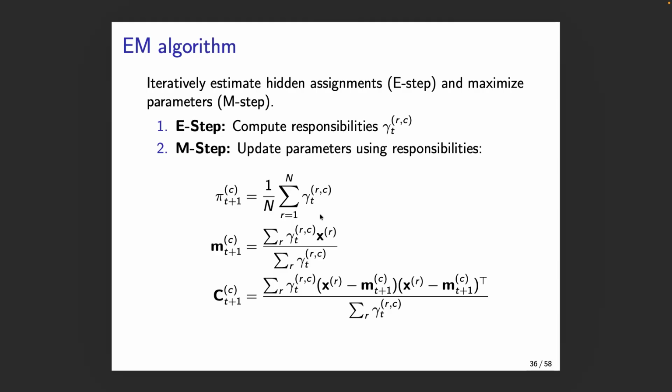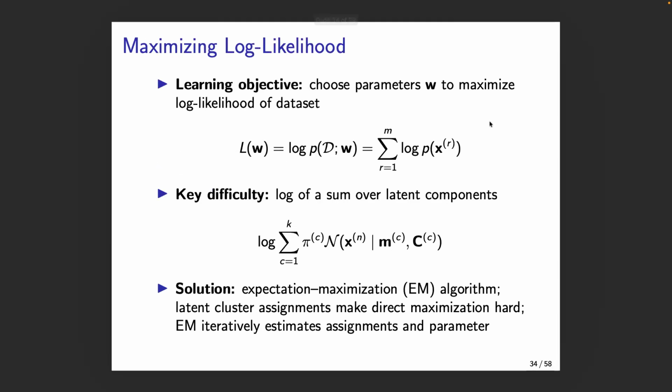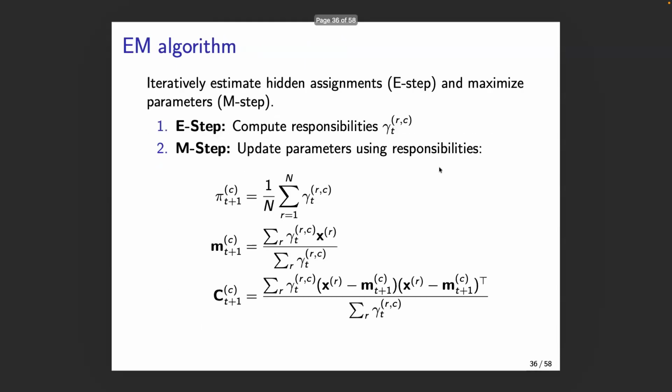So where are these formulas derived from? Essentially, if we go back to this log likelihood, compute the gradient of the log probability with respect to each of these parameters, and then set this gradient to 0, you can derive closed-form analytical solutions for each parameter.